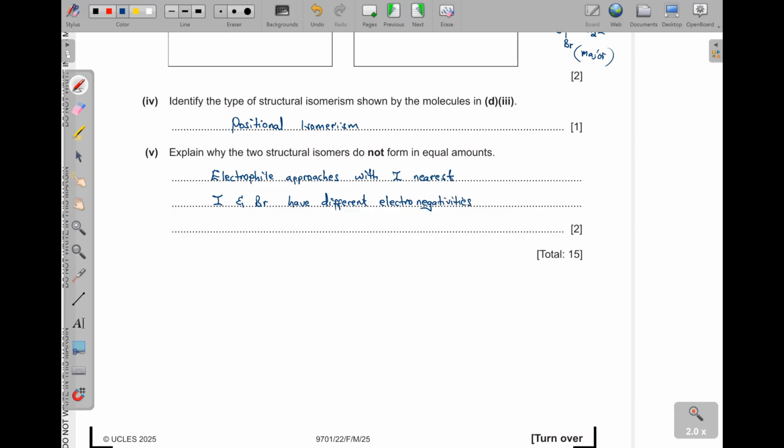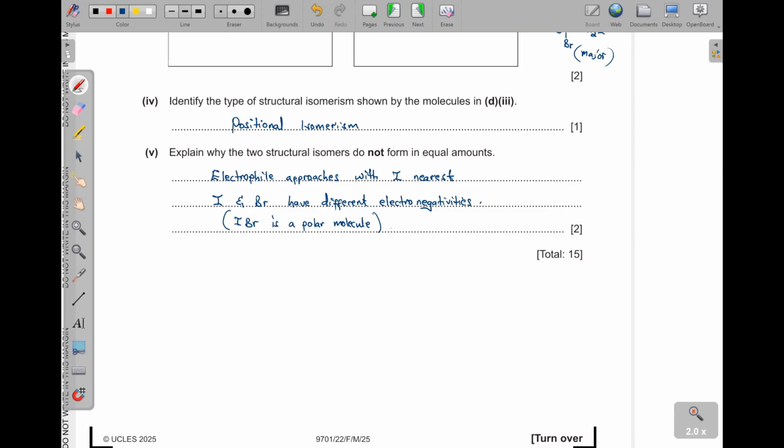Or the same way I can say iodine bromine is a polar molecule. So the attack has to be from the positive end of this molecule, for iodine.